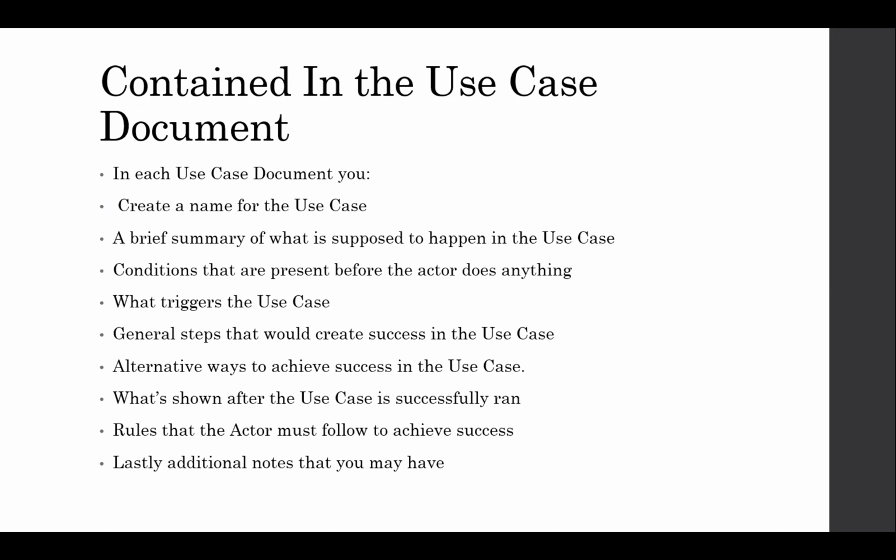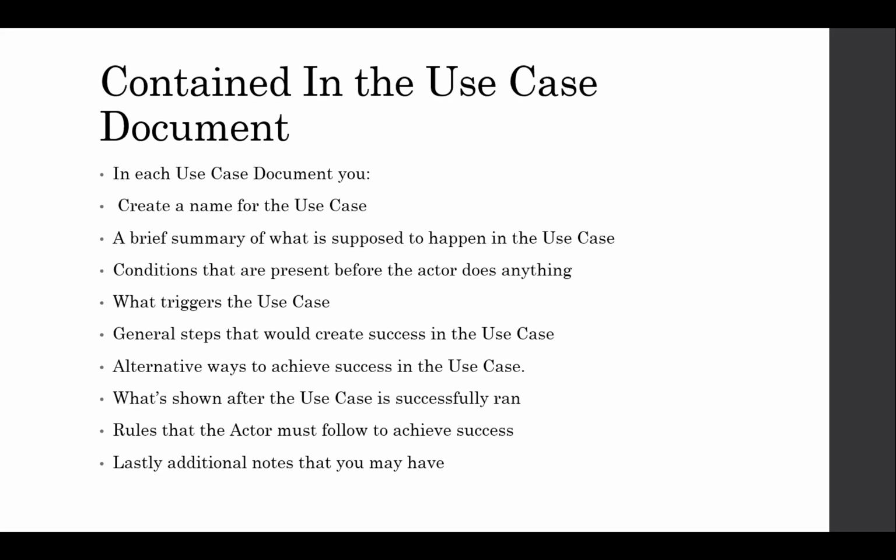Contained in a use case document is the name of the use case, a summary of what it's supposed to do, conditions present before the actor does anything, what triggers the use case, general steps that would create success, alternative ways to achieve success, what's shown after the use case successfully runs, rules that the actor must follow to achieve success, and lastly, additional notes.